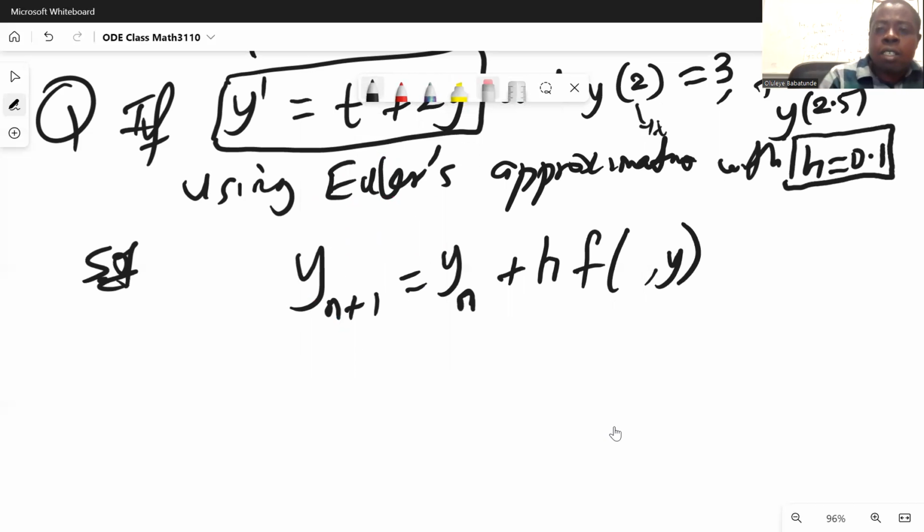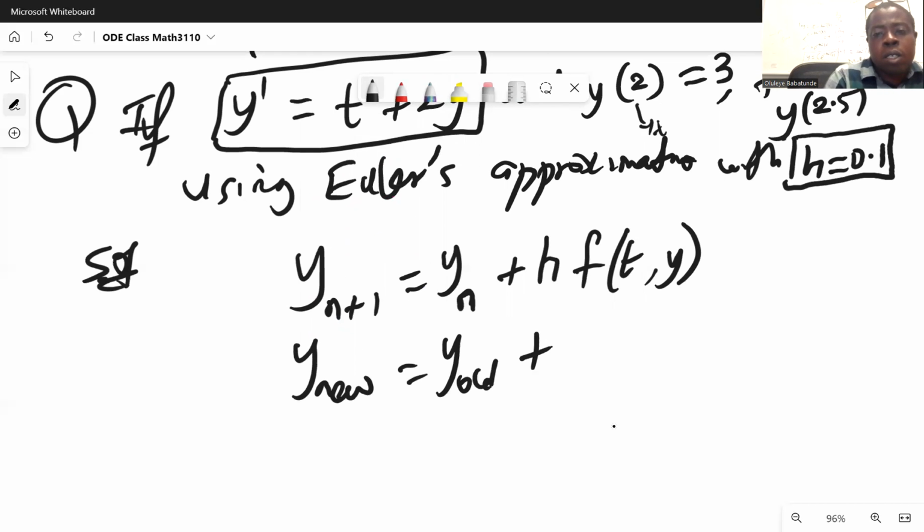In other words, you can say y new equals y old plus h f of t old, y old.